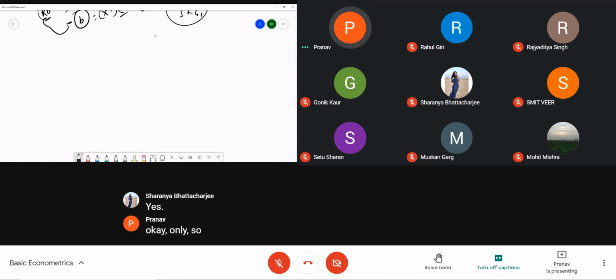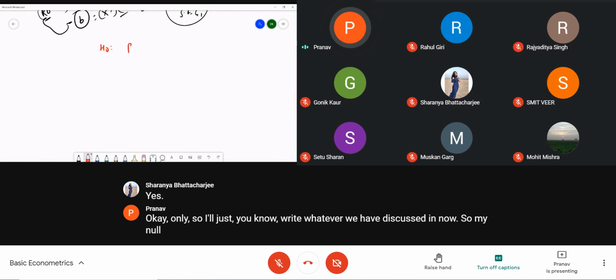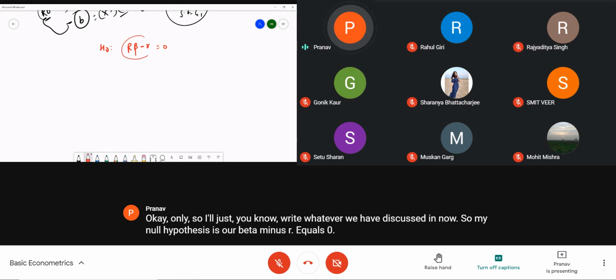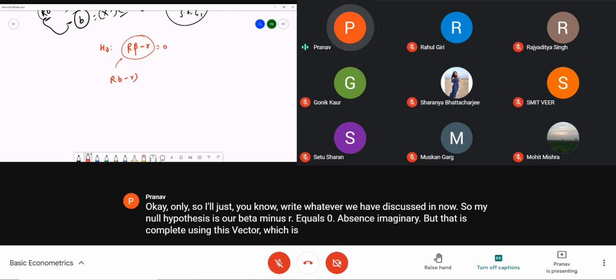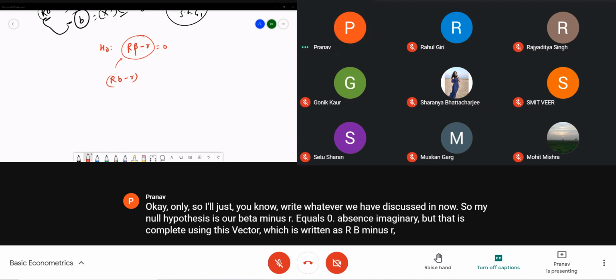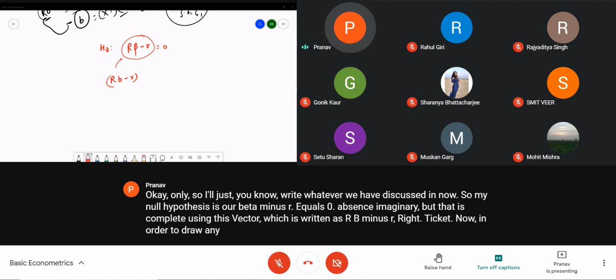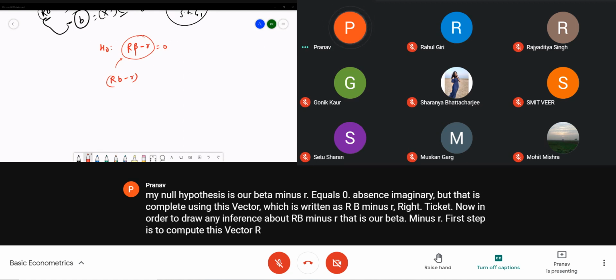So I'll just write whatever we have discussed till now. My null hypothesis is R beta minus r equals 0. Now since this is not known to me, I estimate it using this vector, which is written as Rb minus r. Right? Now, in order to draw any inference about R beta minus r, the first step is to compute this vector Rb minus r.